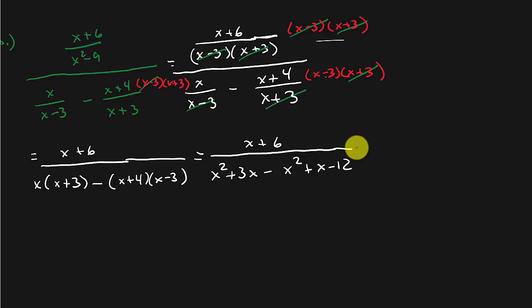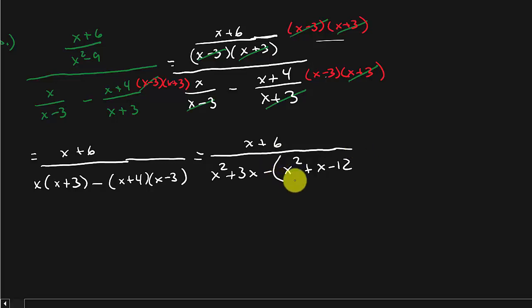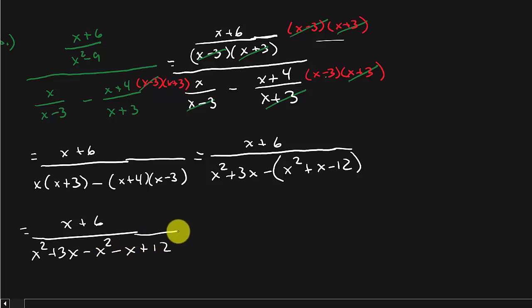Do you see where I messed up? It's minus the whole thing. Do not forget the parentheses. Students forget it all the time. Now, I can distribute the negative. So this is going to be x plus 6 over x squared plus 3x minus x squared minus x plus 12.